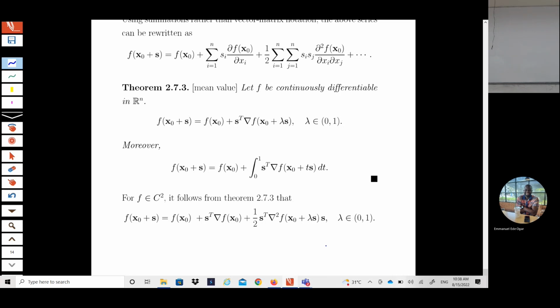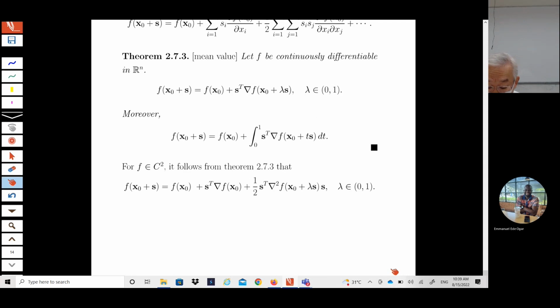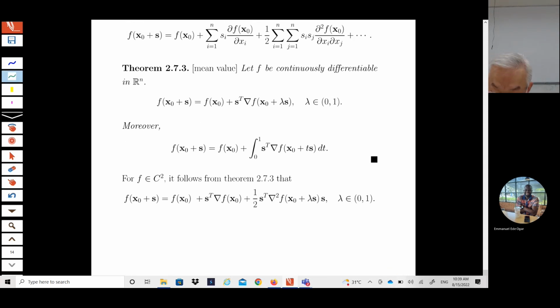That will be in chapter 4. This is a quadratic form: s transpose A s is what we call the quadratic form, or quadratic function.